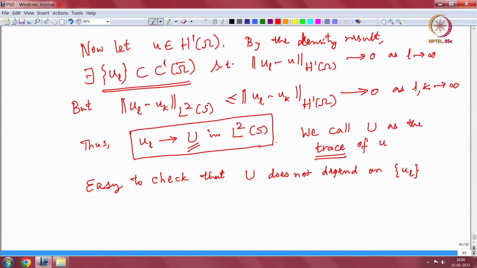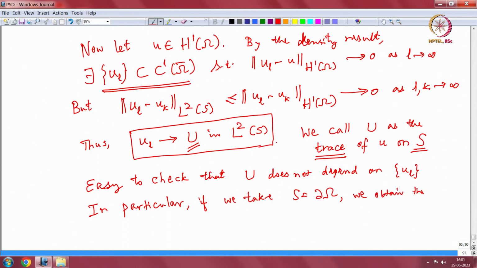In this way, we have defined a function on any surface, in particular the trace of u on S. In particular, if we take S equal to del omega, we obtain the trace of any H1 function on del omega.